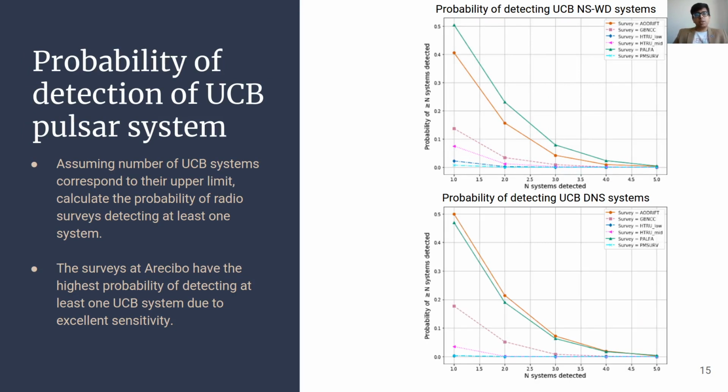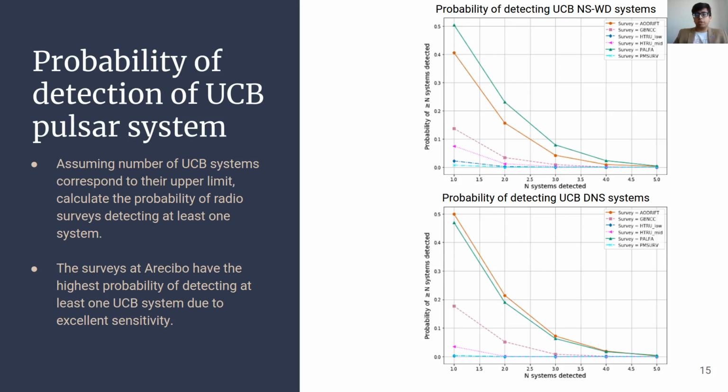We also want to estimate the probability of detection of at least one of these UCB pulsar systems with the current radio pulsar surveys. So to do this, we assume that the number of UCB systems in the Milky Way corresponds to their upper limit that we derived on the last slide, and then we calculate the probability that the radio surveys will detect at least one of these systems.